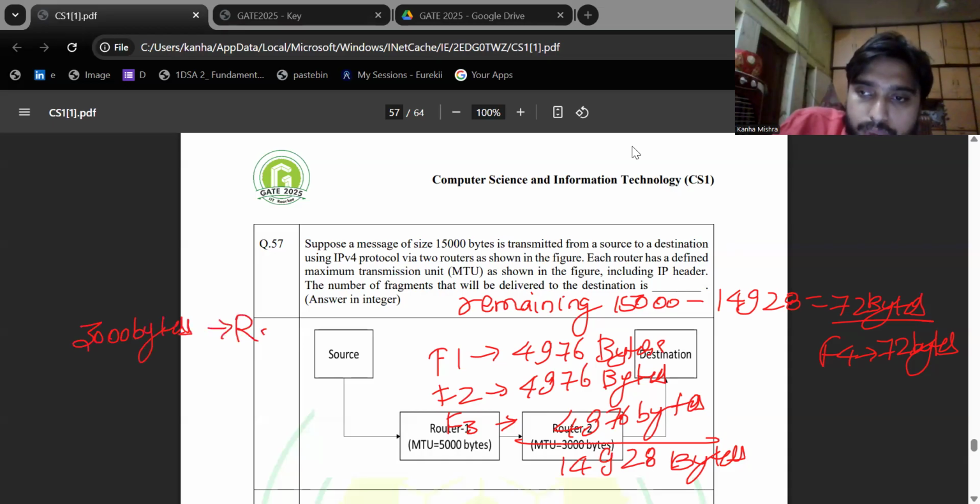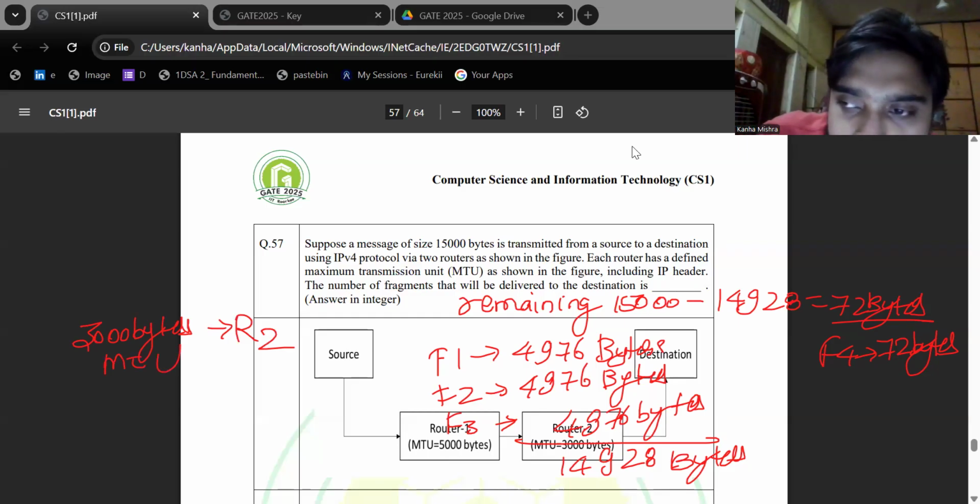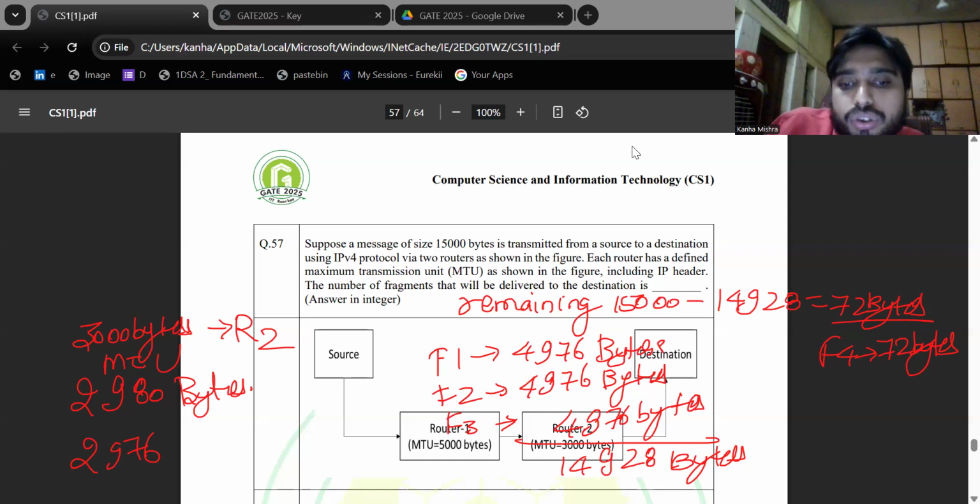If I take the header out, then the data payload will be 2980 bytes. The largest multiple of 8 is 2976. Now these fragments will be further divided at router 2.